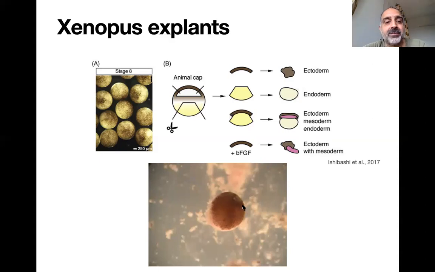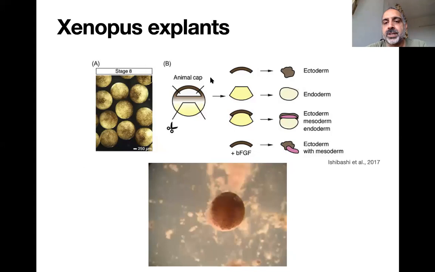So what this would have been is dissecting the future epidermis of the Xenopus embryo. Xenopus, as you remember, is an amphibian. The eggs are like this. This is the blastula stage, and in cross section it looks like this. There's a top and a bottom.